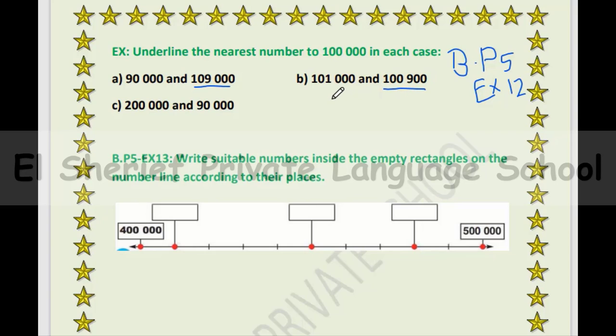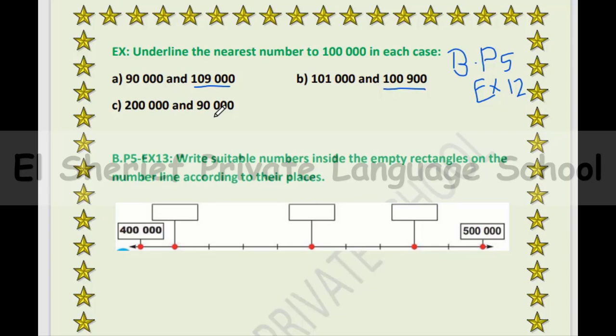Okay, the last one, here we have 200,000 and here we have 90,000. As we know from the first exercise, letter A, to get 100,000 we must add 10,000 to 90,000.